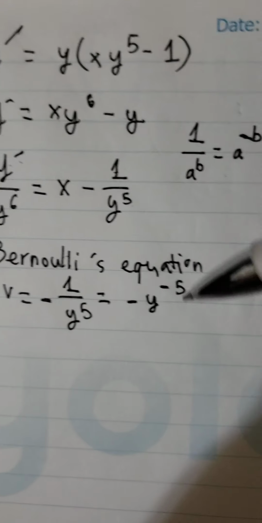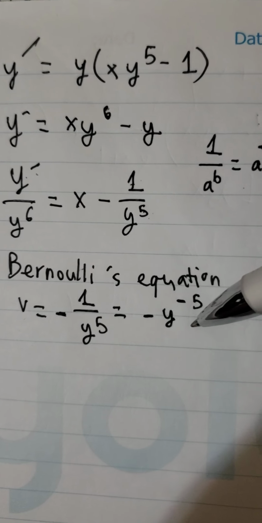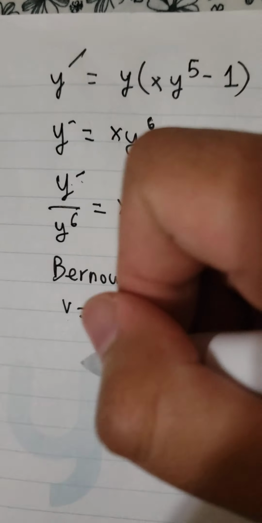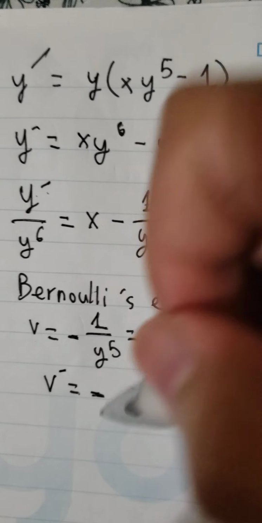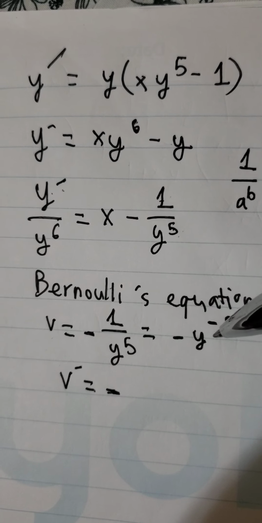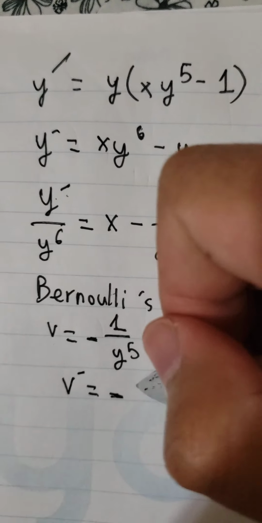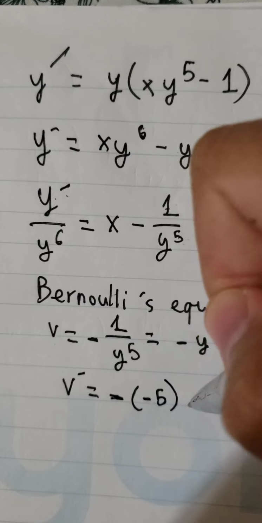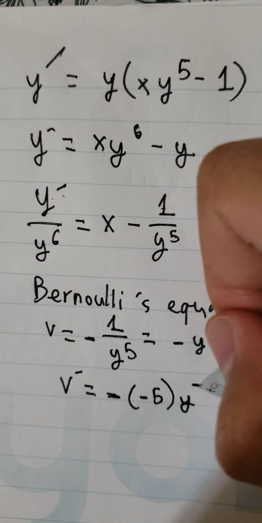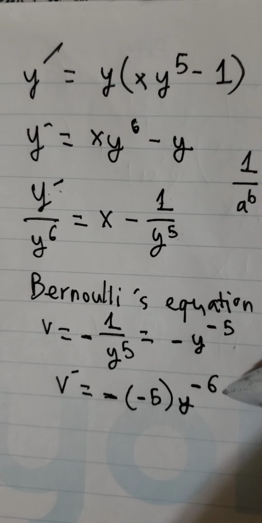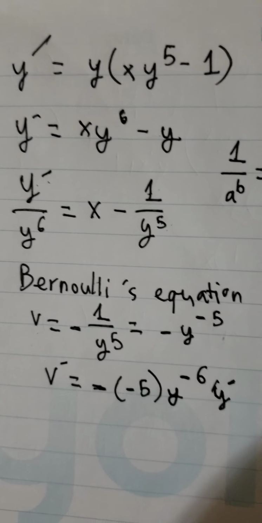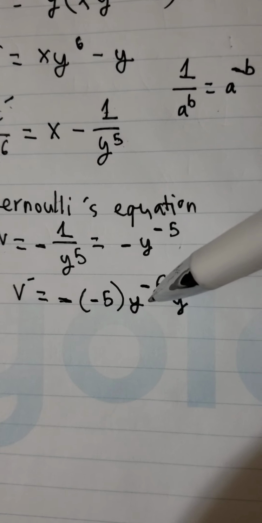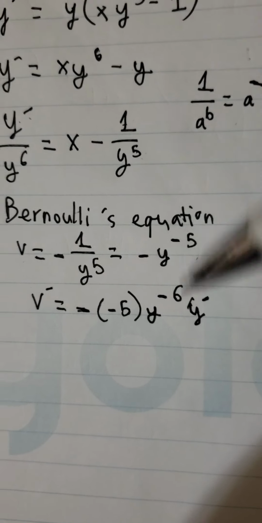Now we take the first derivative of this one. So we have the negative sign from here, and we have negative 5 y to the power of negative 6 and the first derivative of y.